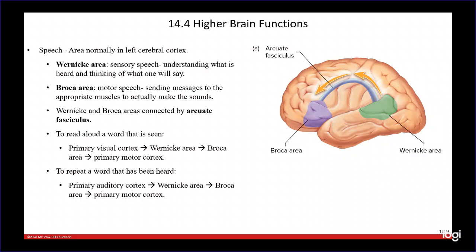The Wernicke area understands what you're looking at and thinks about how you're going to respond. The Broca area actually takes the information to read the word aloud, and that goes to the primary motor cortex so that the muscles can be stimulated to do so. And you should also know, if I said, I want you to repeat a word that is heard, you should know the path that leads through that as well.